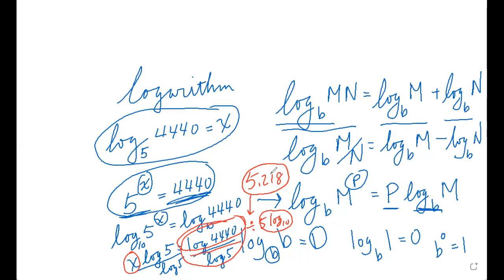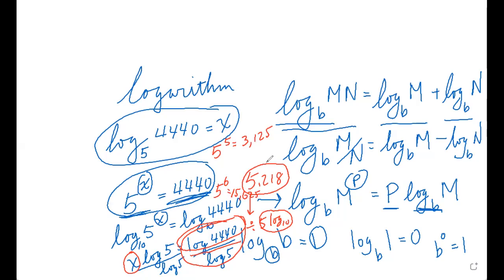Now let us check to see if that makes sense. All right, if you use a calculator and you do 5 to the 5th power, okay, what is that going to give you? That's going to give you 3,125. And what do you get when you do 5 to the 6th power? That's going to give you 15,625. All right.